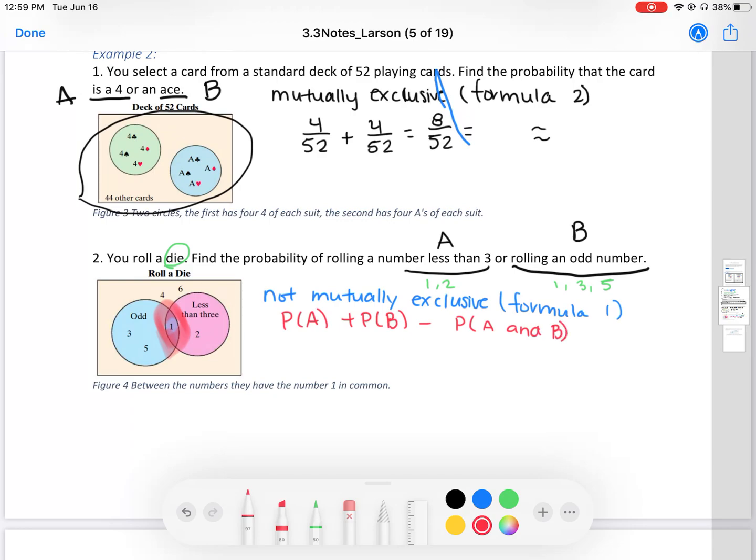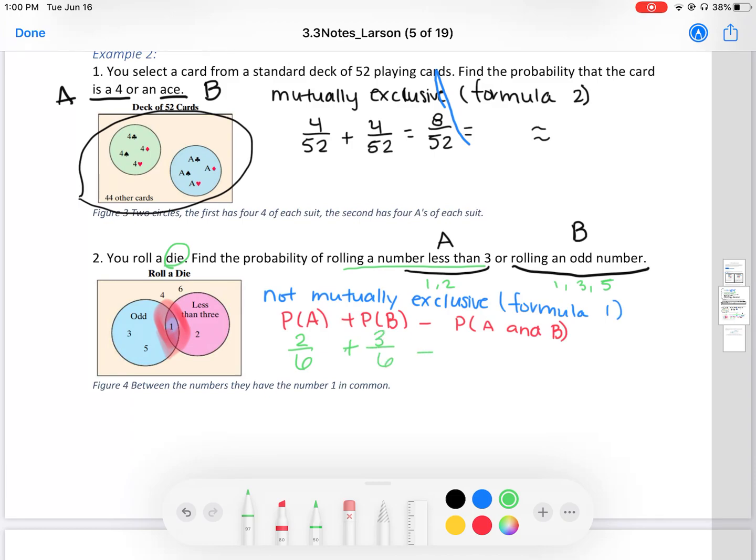Okay, so let's consider our cases. Probability of A is rolling a number less than 3. So that's 2 out of 6, 1 and 2, two different things out of 6 possible. B, getting an odd number, 1, 3, 5, so that's 3 out of the 6.